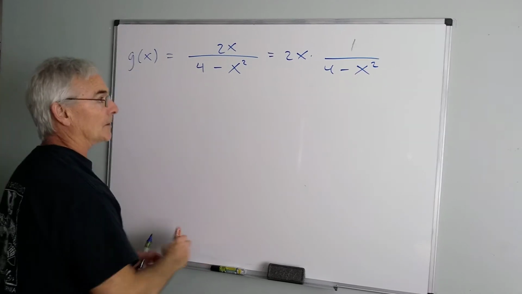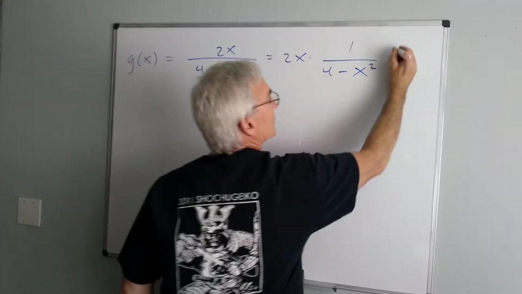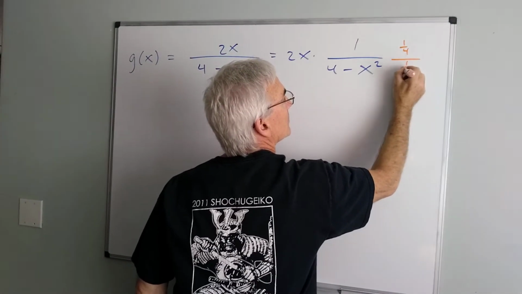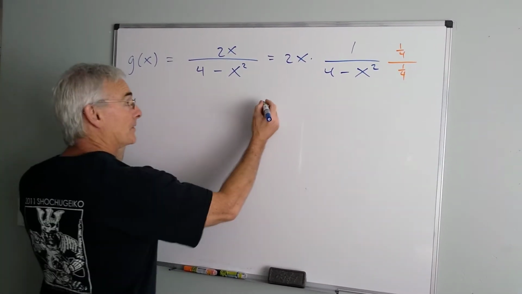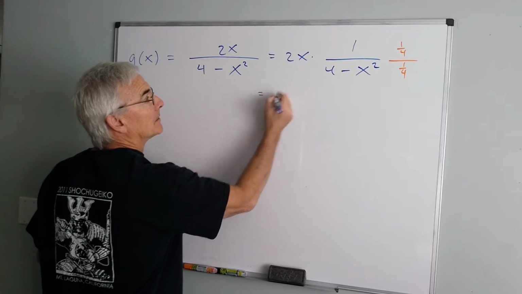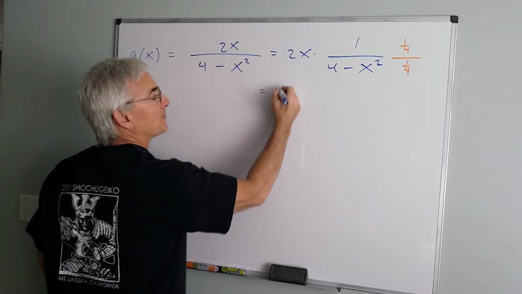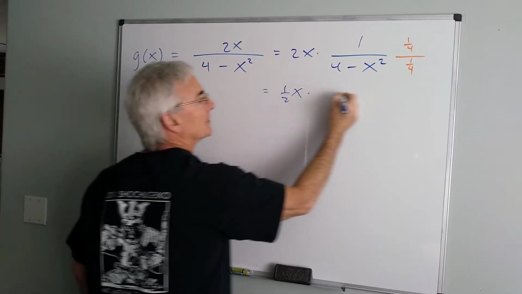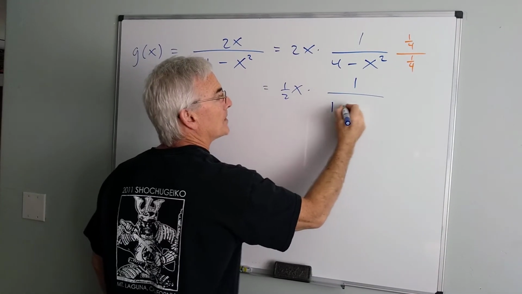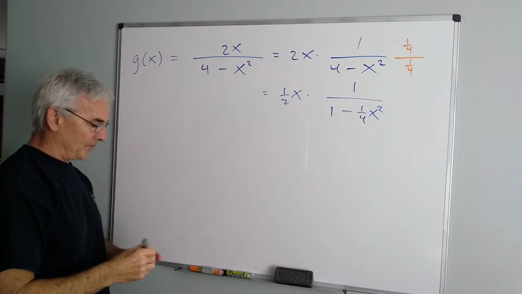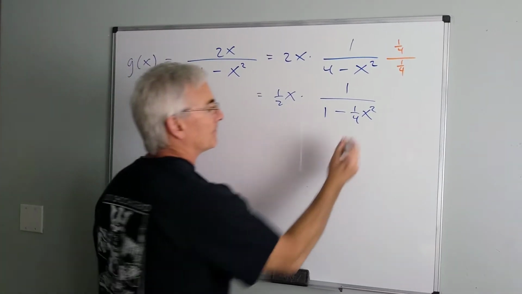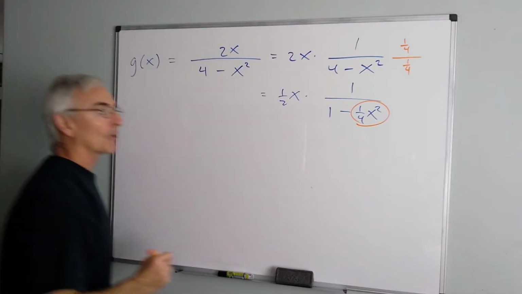So at this point here, perhaps, if I multiply numerator and denominator by 1/4, I would find that this is equal to the quantity 2x times 1/4, or 1/2 x. Over here I would get 1 minus 1/4 x squared. And now we have our form. There's our r right there.